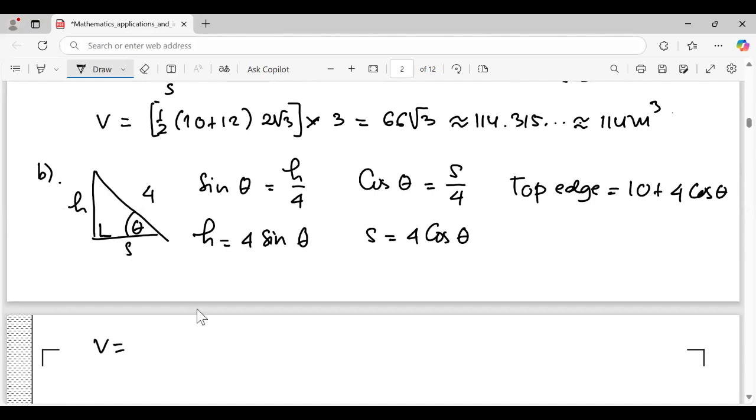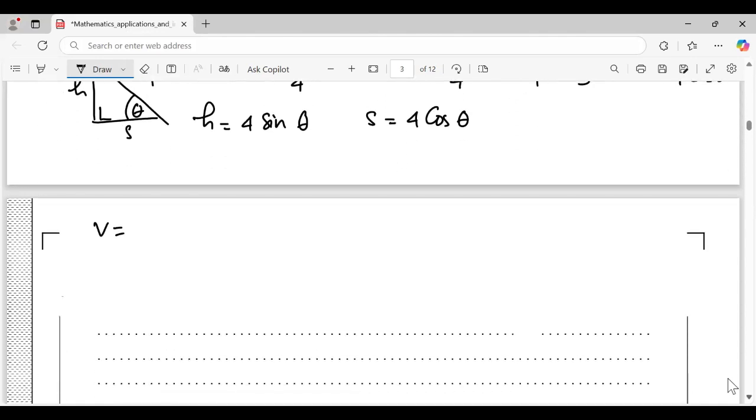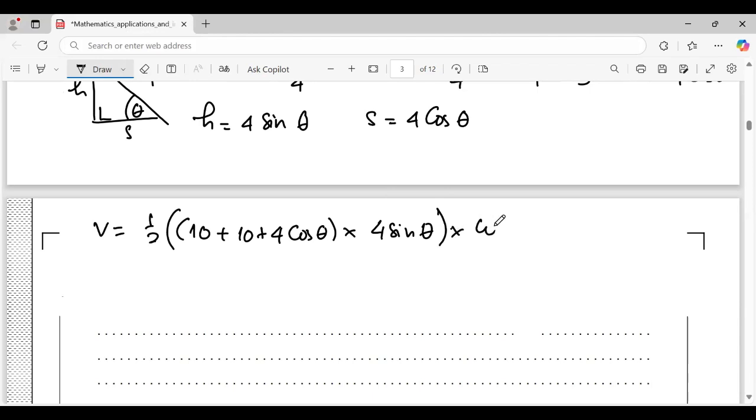And volume equals 1 half multiply 10 plus 4 cosine theta multiply the height, 4 sine theta, and the width is 3.